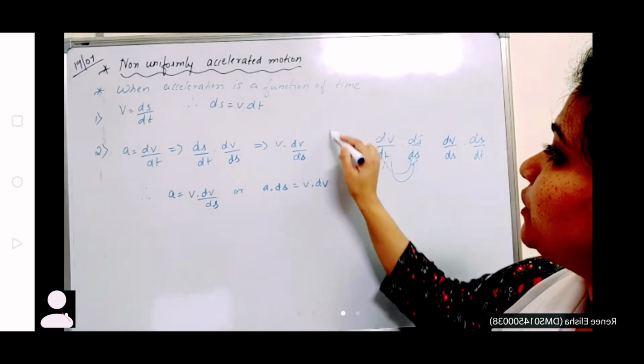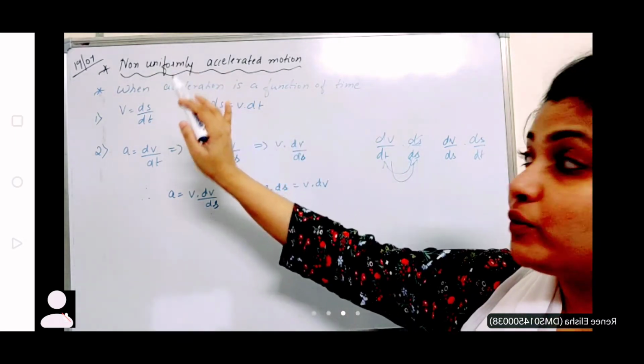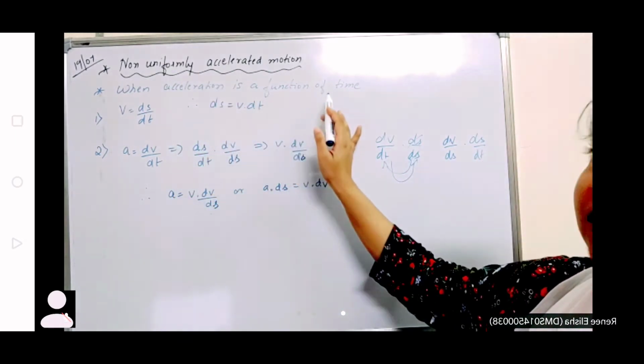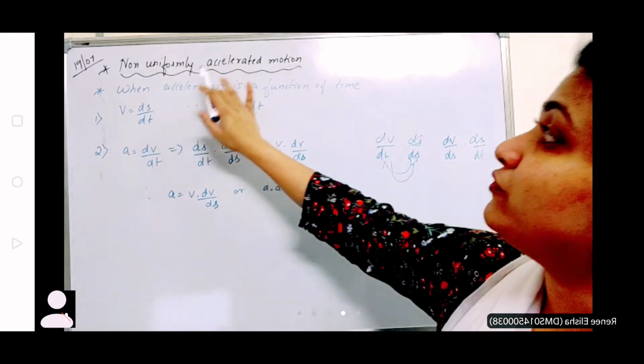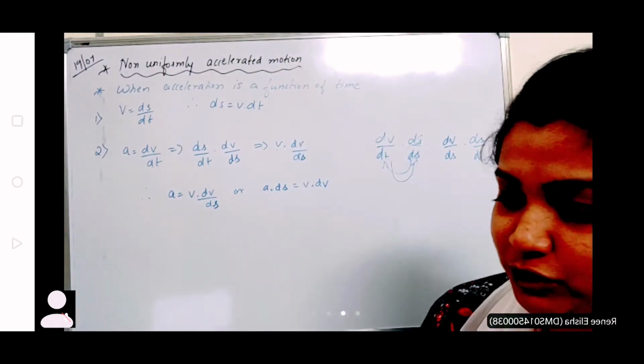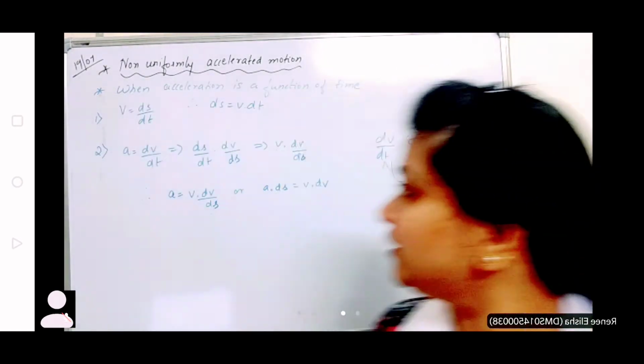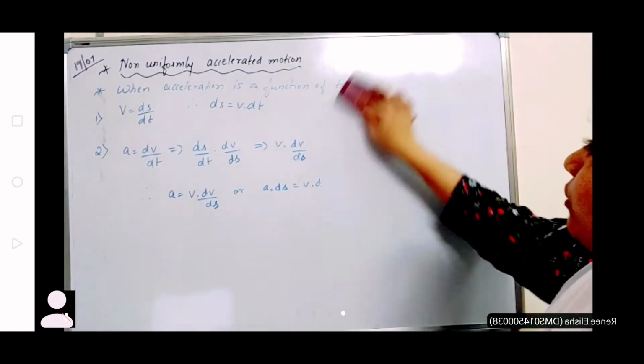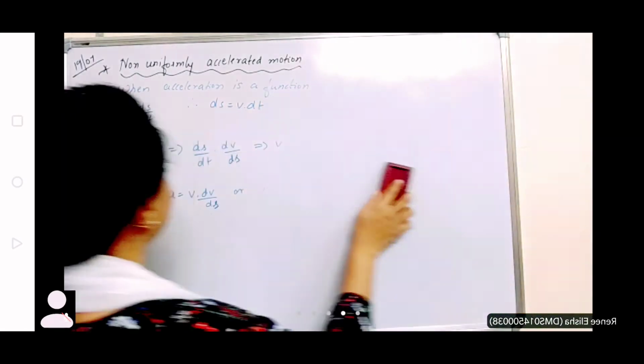Clear? We use these equations when acceleration is a function of time in a non-uniformly accelerated motion. These are some of the formulas you need to remember, so that whenever we are solving problems, it's easier for you.